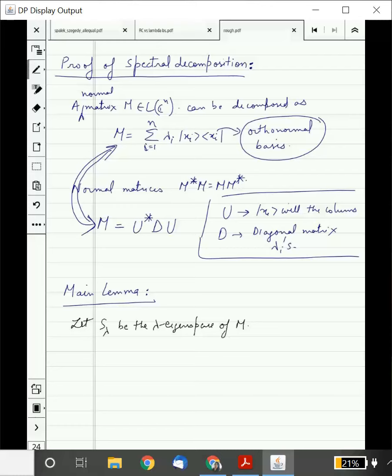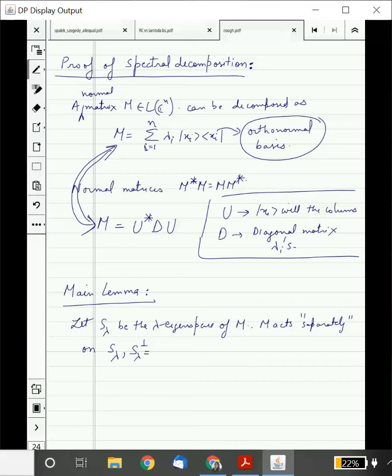It's the set of all eigenvectors which are lambda eigenvectors for M. In this case, M acts separately, I will describe this term, on the eigenspace S lambda and the perpendicular subspace to it.